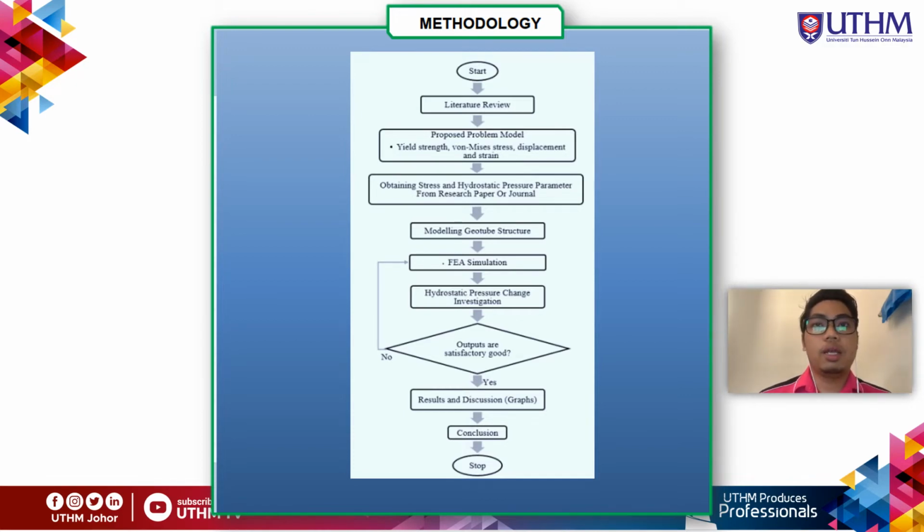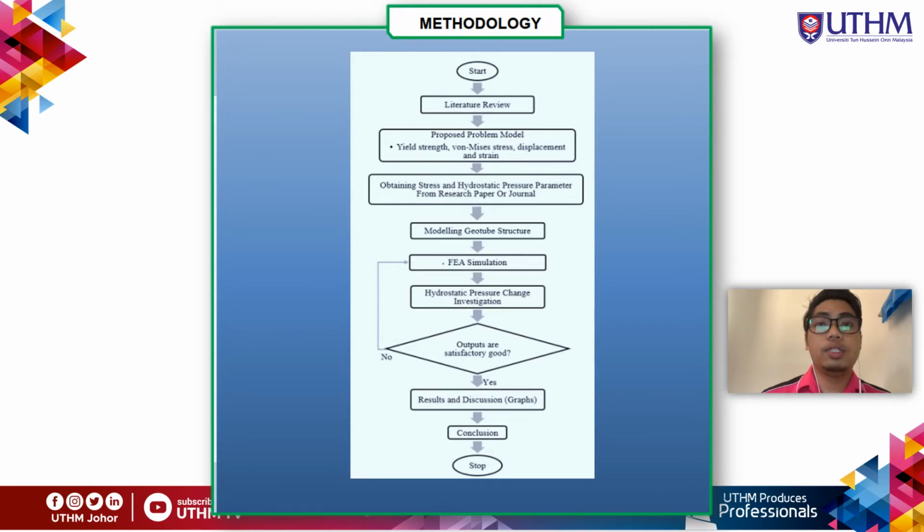Then we obtain the hydrostatic pressure parameter from other journals, papers, and standards. After gaining the pressure value, we model the geotube structure on SolidWorks 2020. Then after the modeling process, we can start to simulate the geotube.